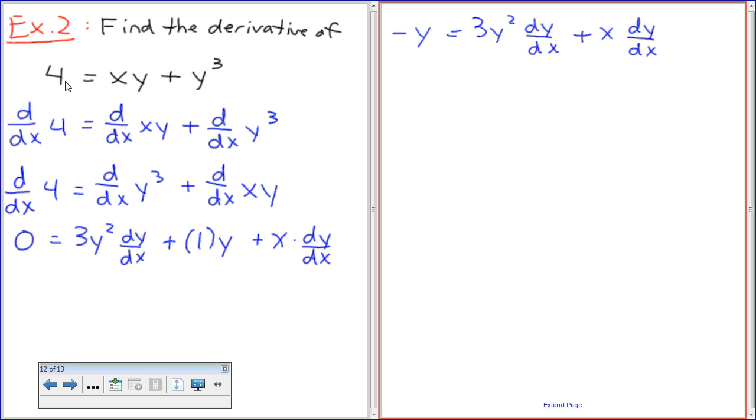Bailey, go ahead. Somebody finish this magical question off. Yeah, go ahead, Derek. Divide both sides by 3y squared plus x.